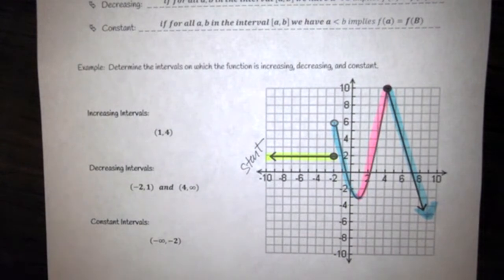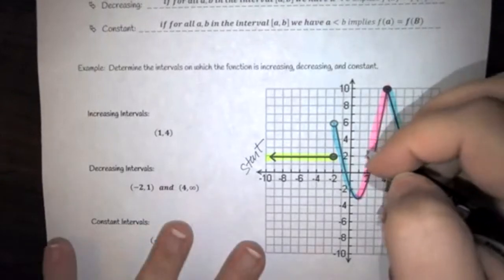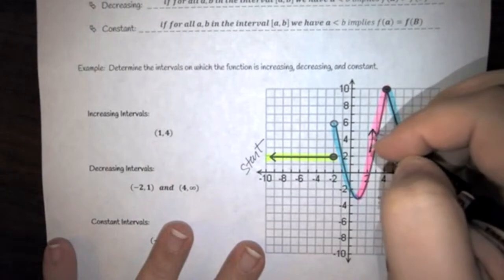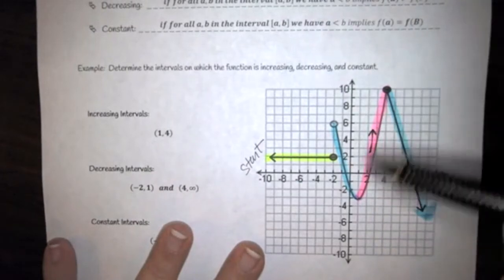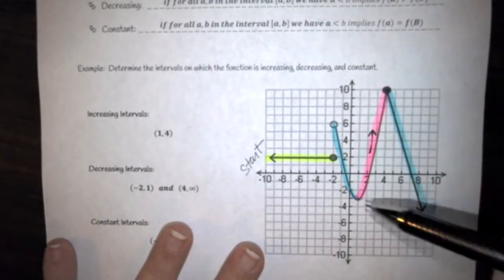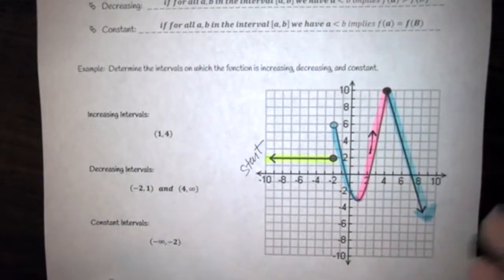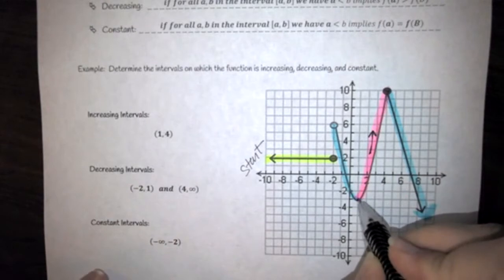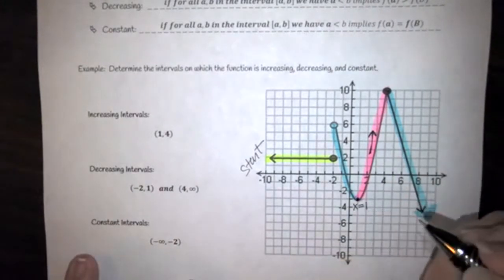So first and foremost, let's look at it. I want to know where I'm increasing. Increasing says I have to be traveling in this direction. Well, the only place I'm doing that is over this interval here, so my pink line, and we're using just the x values. So you see that this is going to start right here when x is 1. So here we're at x equals 1.